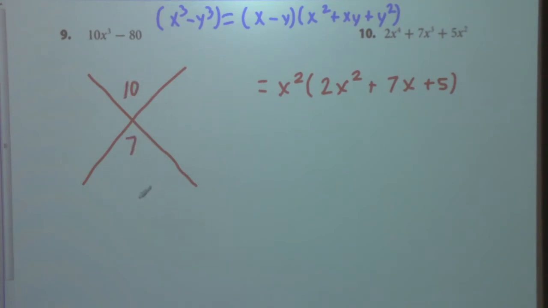And then I got 2 and 5 out of that. And then I divided those by 2, and got 1 on the left, and 5 over 2 on the right. So I got x squared, parentheses x plus 1, parentheses 2x plus 5.